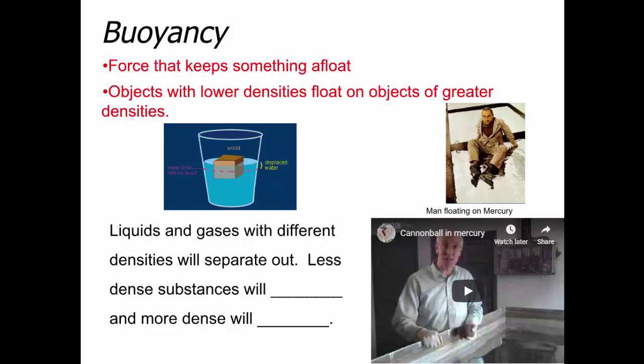Why do I know it's not 0.4 or 0.5? What would an object with a density of 0.4 or 0.5 look like when I put it in water? Sienna? It would be like this piece of wood. When I put this piece of wood in the water, it looks to me, not quite, but close enough, that about half of the wood is above the surface, half of the wood is below the surface.